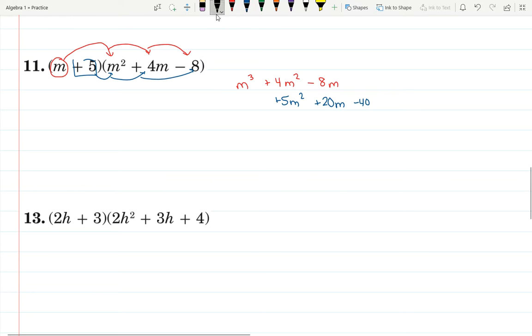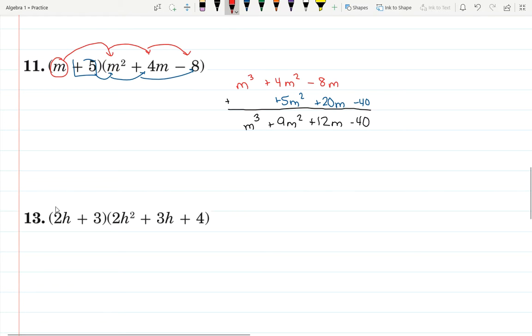As I go to combine like terms here, I'm going to just combine and add, right? We have m cubed plus 9m squared. Negative 8 plus 20m is a positive 12m. We're left with just negative 40. So m cubed plus 9m squared plus 12m minus 40.